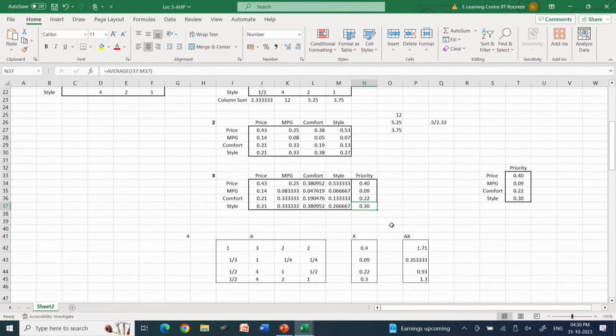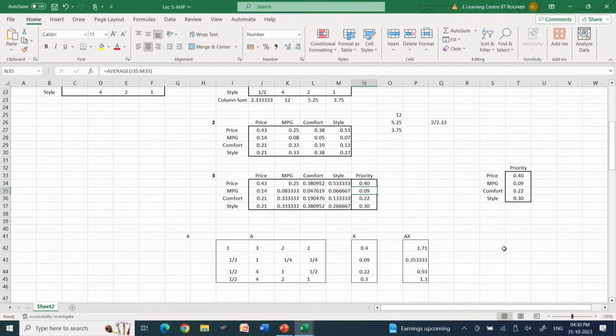So, what does it imply? If I compare these 4 criteria, the highest weightage is given to the price, 40% weightage. The next highest weightage is to style. The next highest weightage is comfort. The least weightage is only 9%, which was given by the experts. So, this is a way to get the weightage for each criterion.